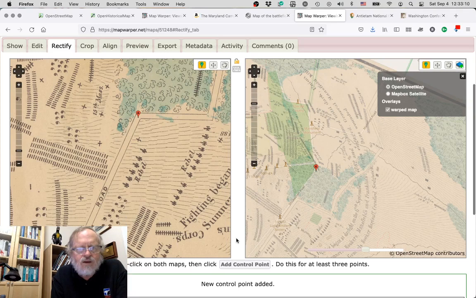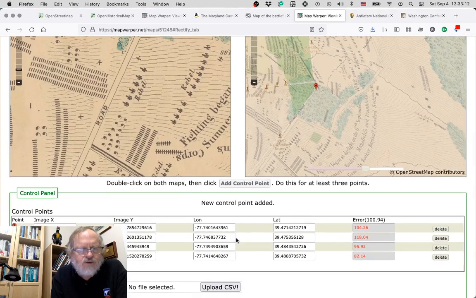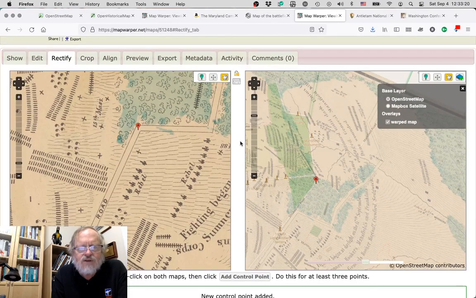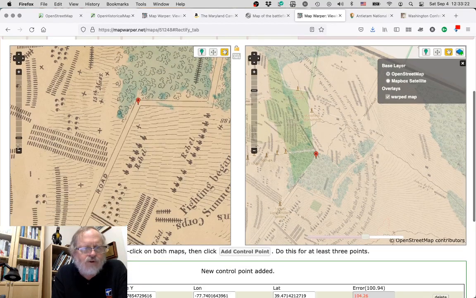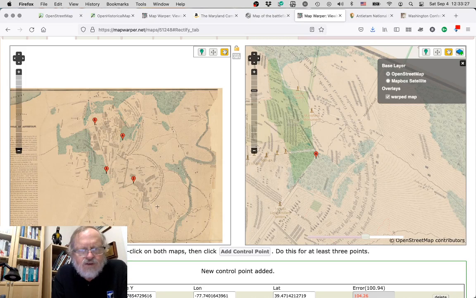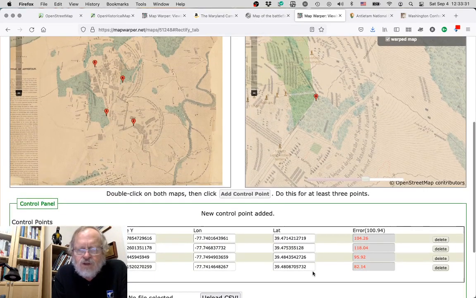Okay, yeah, I kind of decided I wanted to delete this one. Let's change that back over to pan mode, so I don't accidentally drop another control point. So yeah, the one that we are going to delete down here is 2.